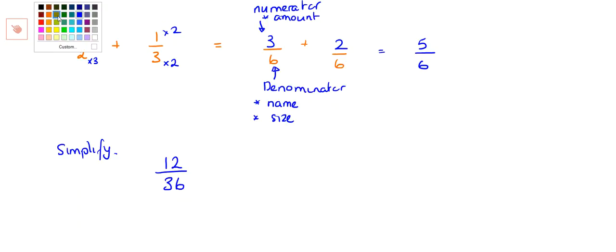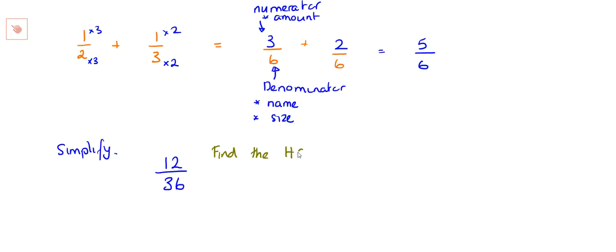Well, we find the highest common factor. That's an important point. The highest common factor. So in this case, the highest common factor is 6. So I've got 2 times 6. Is it 6? It's not 6.